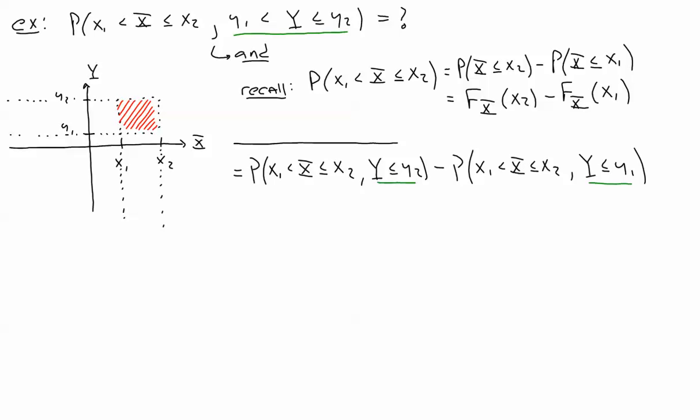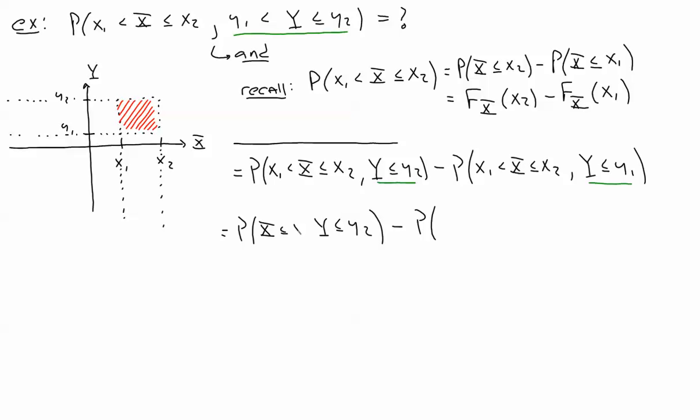I can break it up the same way for the x random variable. And this becomes, that should be sub 2.